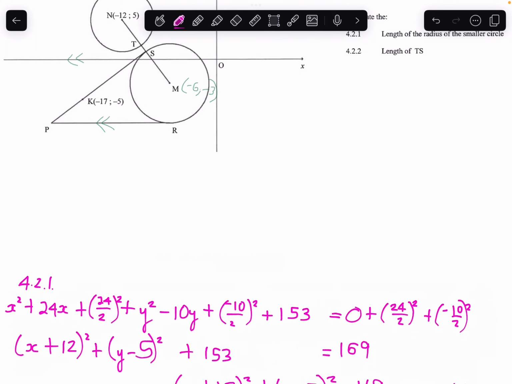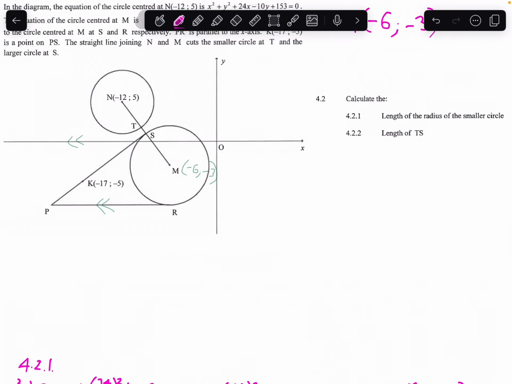Right, so the key thing here is that they have already told us the center of the circle. So we're almost there. We just need to know what r is. So what we could do is, we know the equation looks like this, because the x-coordinate of the center is negative 12 and the y-coordinate of the center is positive 5.